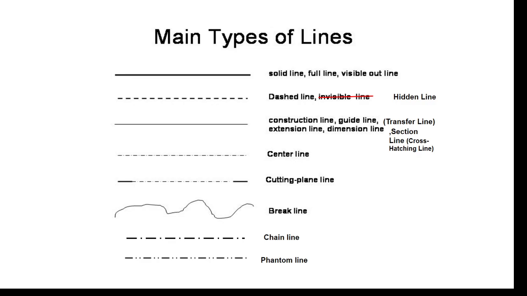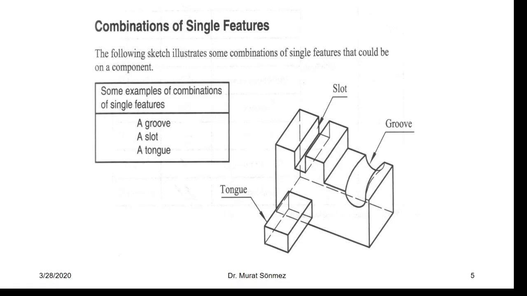Now, the other meaning of this type of line is on sectional views. It finds its usage on sectional views, in sectioning. In such a case, on the image, it is called a section line or cross-hatching line. Explain why, how. What is a sectional view?